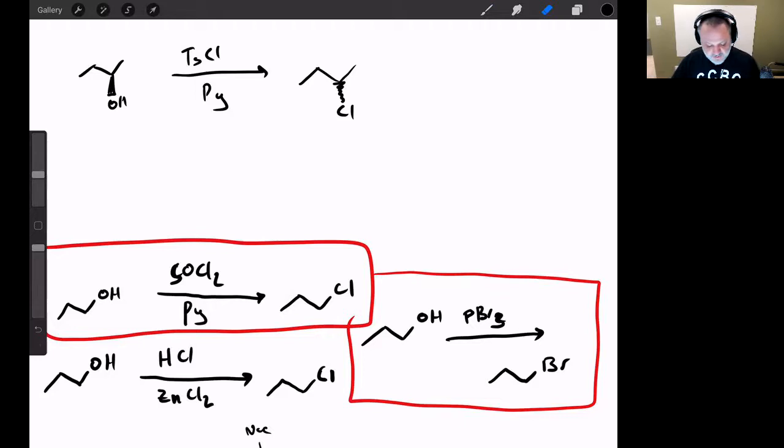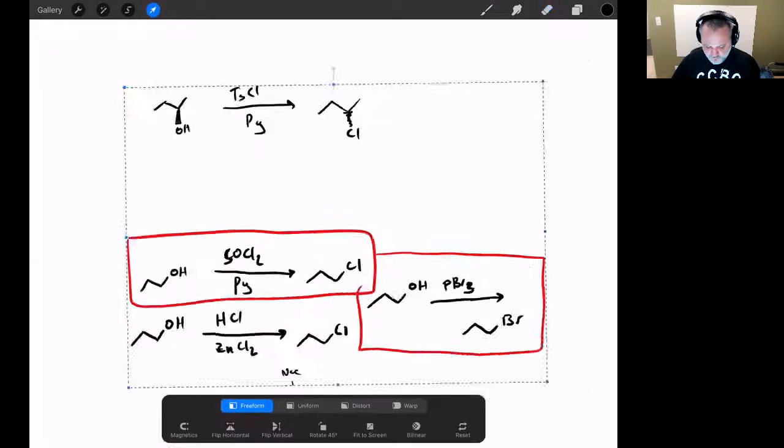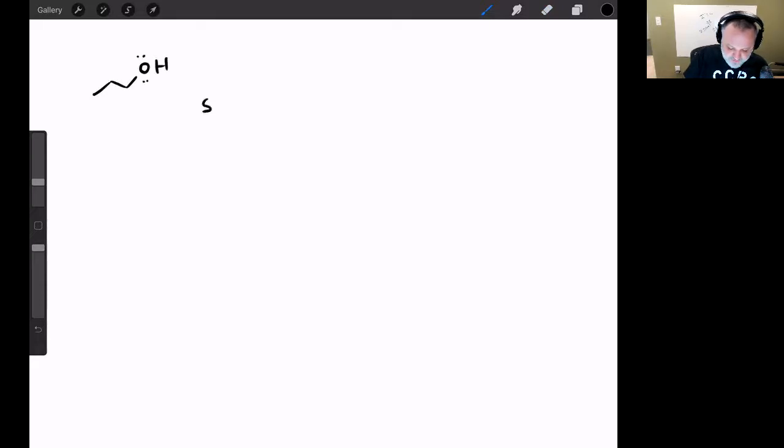Okay, so let's take a look at the mechanism for the SOCl2 formation. One of the things that I want you guys to remember is that when you're thinking about mechanisms, think about what kind of chemistry is possible based on the relative charges and polarities of the different things involved.